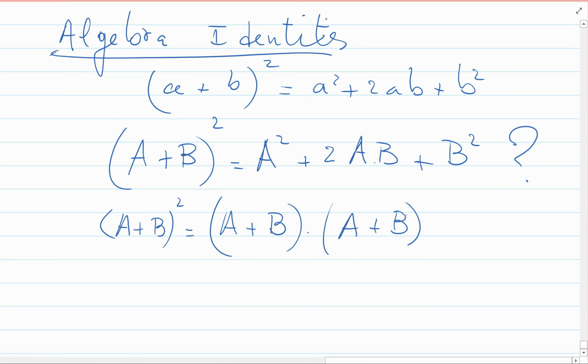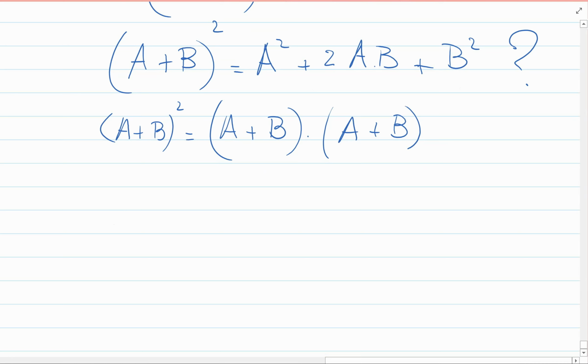And now let us use the distributivity properties that we said are valid, and this will become (a + b) times a plus (a + b) times b. So remember, what's to the left stays to the left, and what's to the right stays to the right.